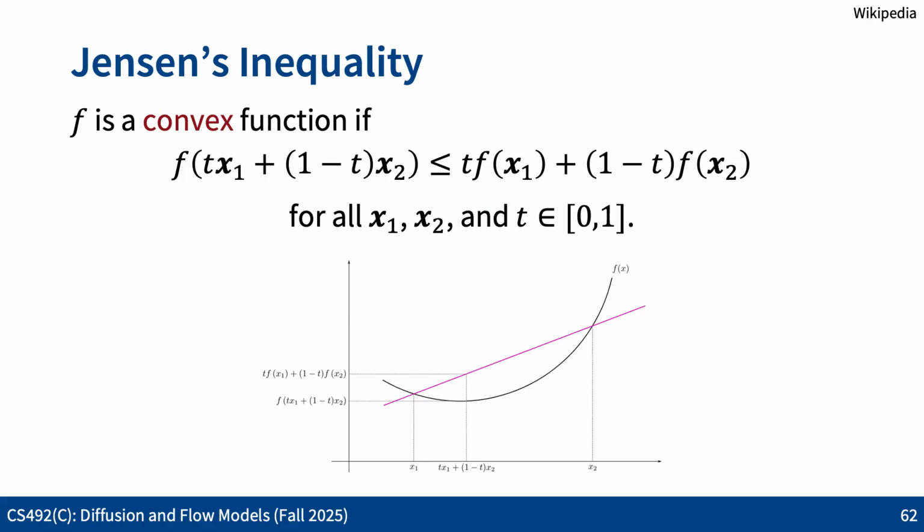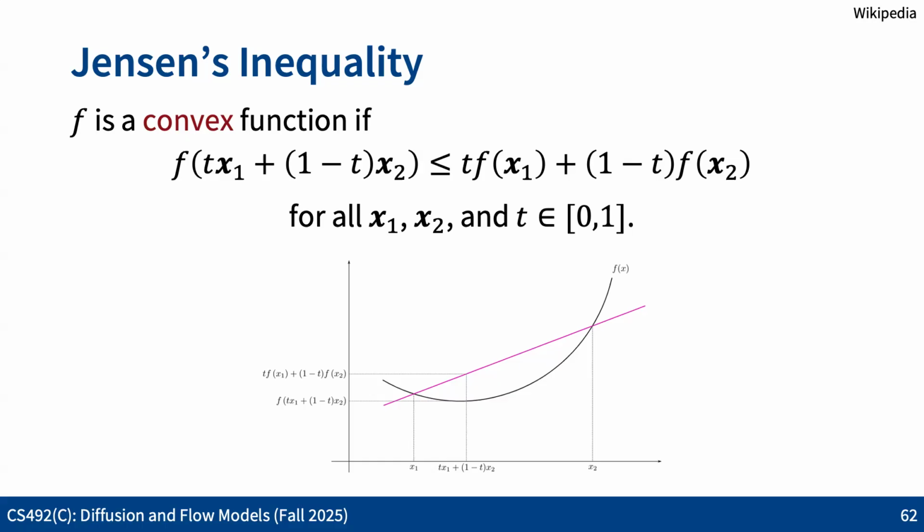The precise way to define the convex function is that when you take any two points here, if you take the linear interpolation between the function values of these two points, all the linear interpolations will form this kind of straight line, right? For whatever t in the range from 0 to 1.